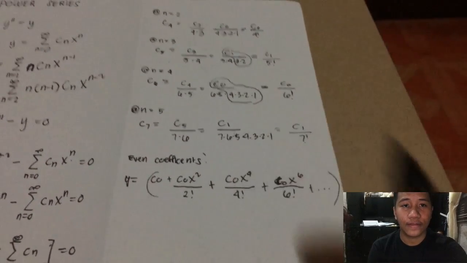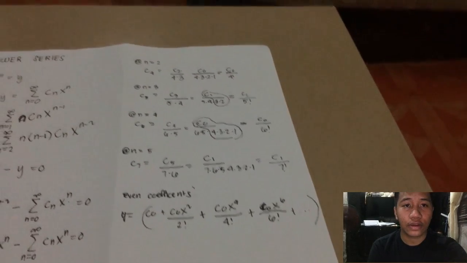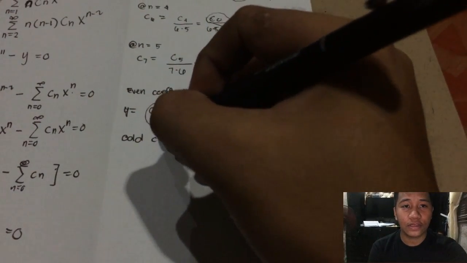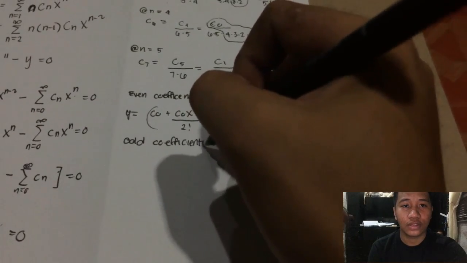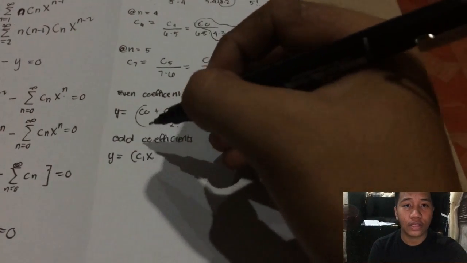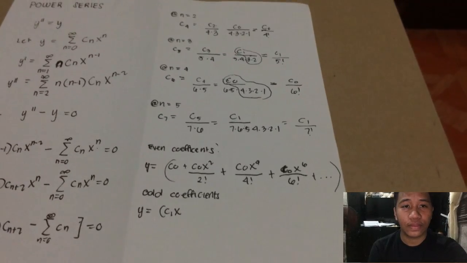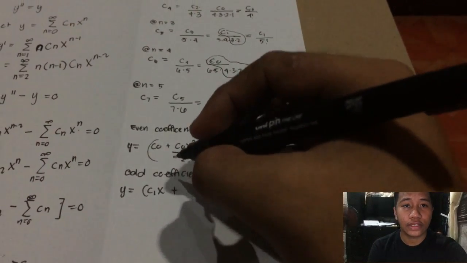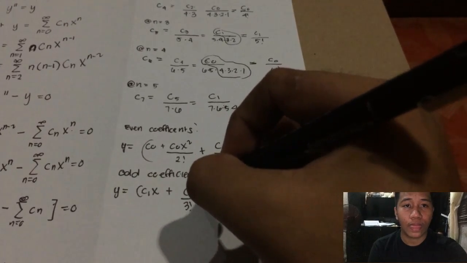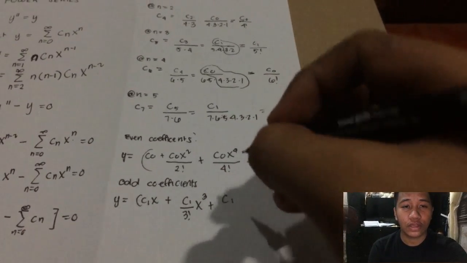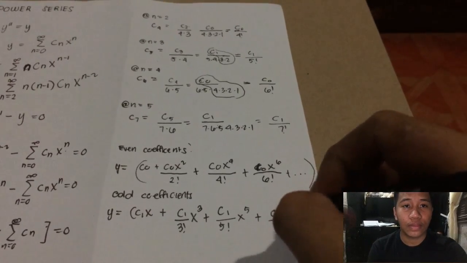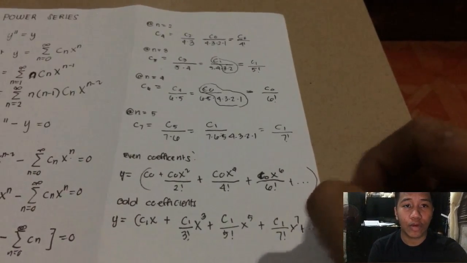That is infinite. For the odd coefficients, y is equal to c sub 1 x plus c sub 1 over 3 factorial times x cubed plus c sub 1 over 5 factorial x raised to 5 plus c sub 1 over 7 factorial x raised to 7 plus dot dot dot.